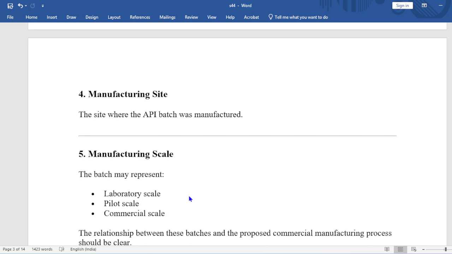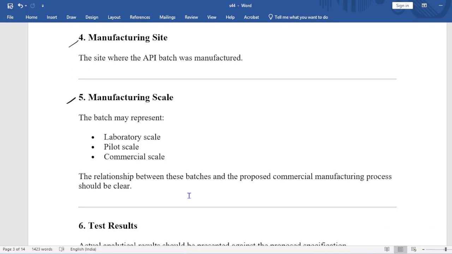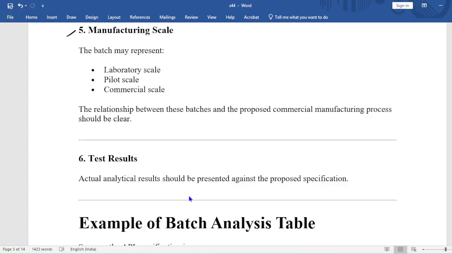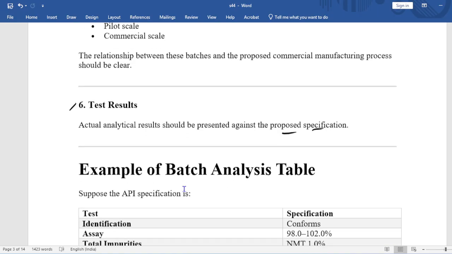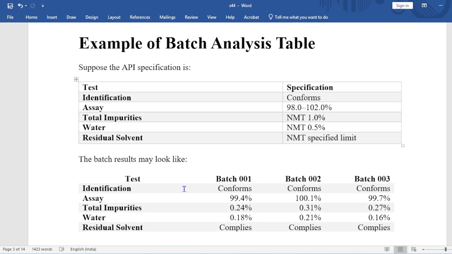We also have to provide the manufacturing site and manufacturing scale, whether it is laboratory, pilot or commercial. And last, we have to provide the test results, the actual analytical results, which should be presented against the proposed specification. Now, an example of a batch analysis table. Here we could see the API specifications: identification, assay, total impurity.